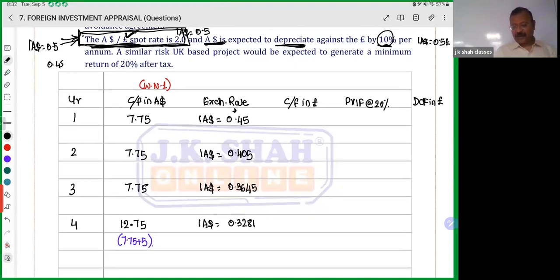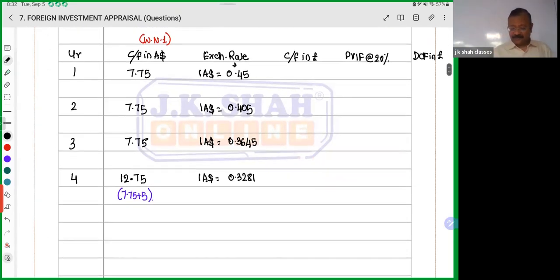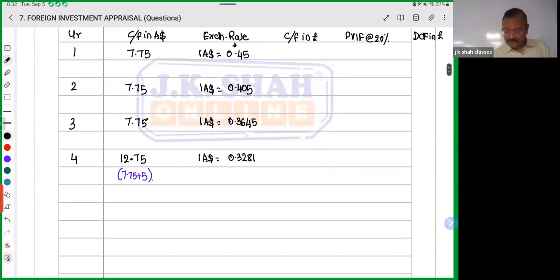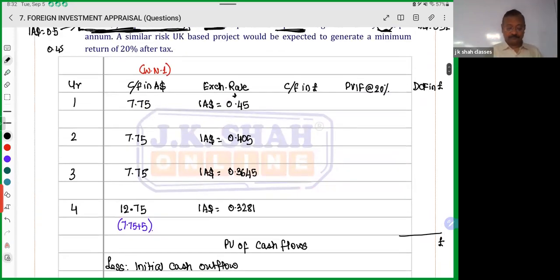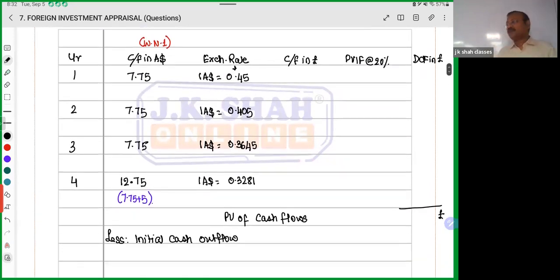Okay. Now it becomes easy. Convert the cash flow into pounds using the exchange rate. Apply the discounting rate of 20%. You should be getting PV of cash flows in pounds less initial cash outflow. बताओ कितना आता है?